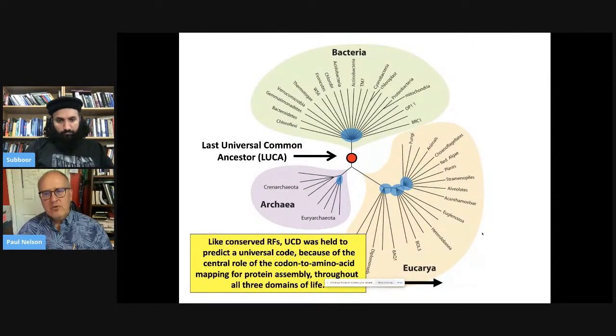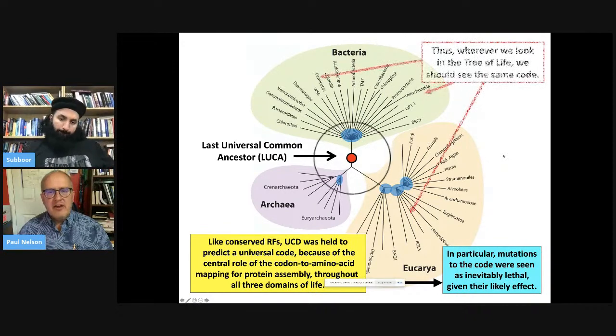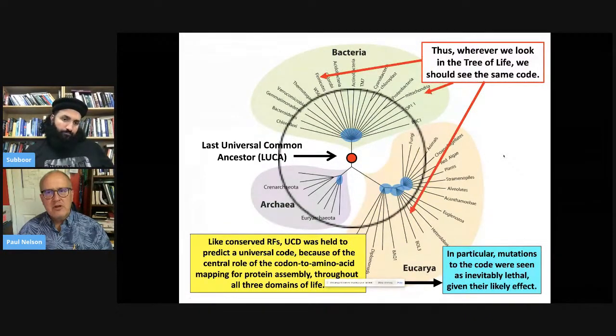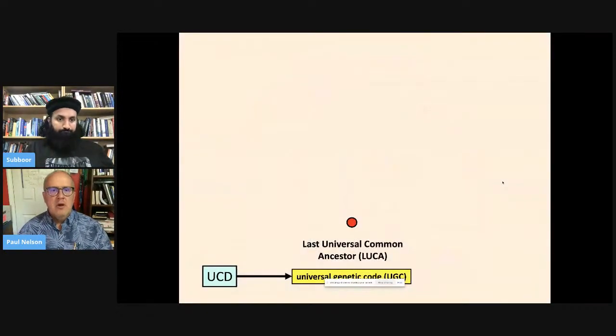And because it was thought that the code could not vary, namely that mutations would be inevitably lethal, the expectation was that wherever we look in the tree of life, we should find the same code. Again, a beautiful, strong prediction coming from universal common descent when it is coupled with this theory of functional invariance.